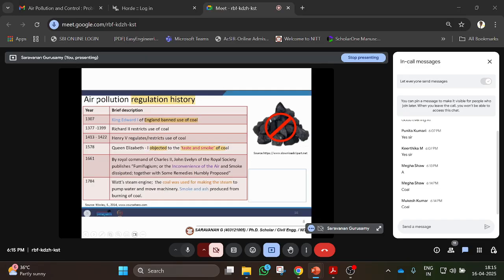So here you can see that in the early 13th century itself they started banning some of the fuels because of the huge impact of the smoke and all. They banned some fuels like coal, they banned burning it in the 13th century itself. Later only we started thinking about ozone depleting substances in the 20th and 21st century. Earlier, in the 13th century itself, they banned the burning of coal.